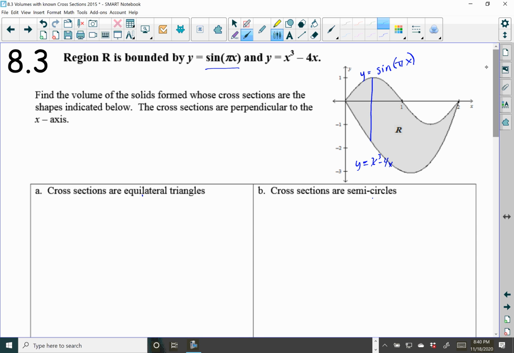So cross sections that are equilateral triangles. Well, if I look back, equilateral triangles had a root 3/2 coefficient. So I'm going to use that. Volume is equal to the integral from a to b of A of x, the area of the cross section, times the thickness of it.